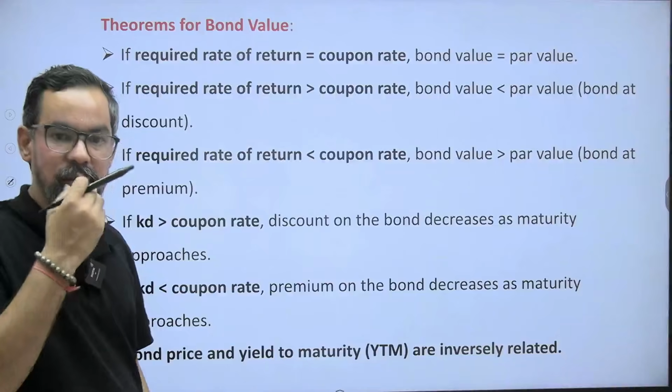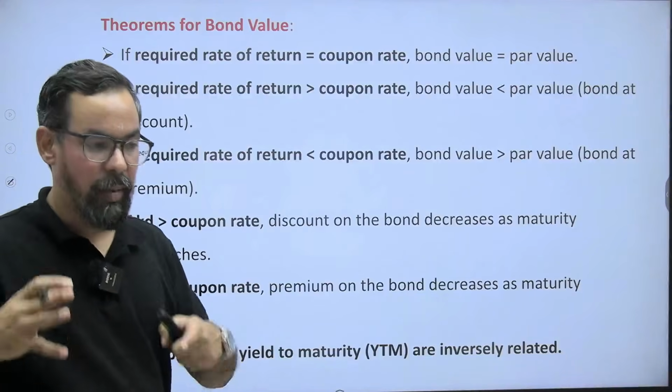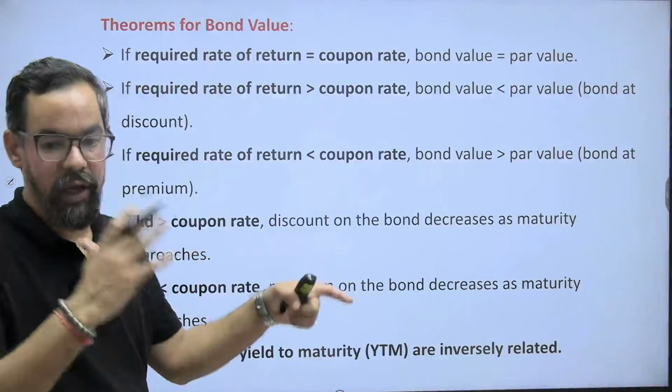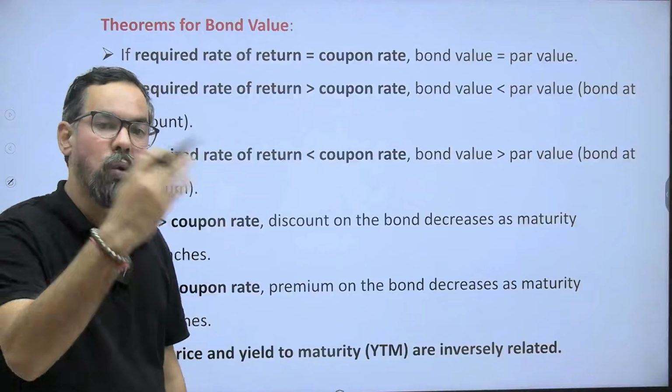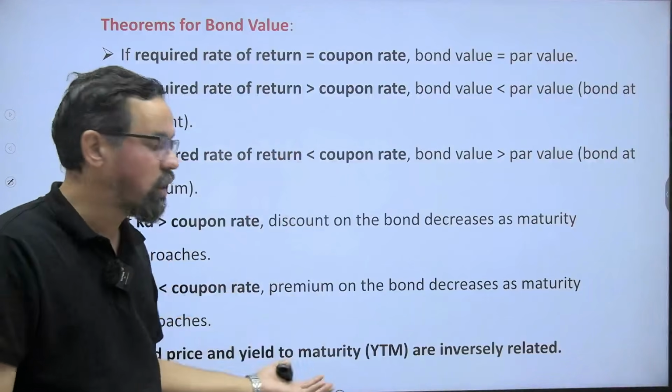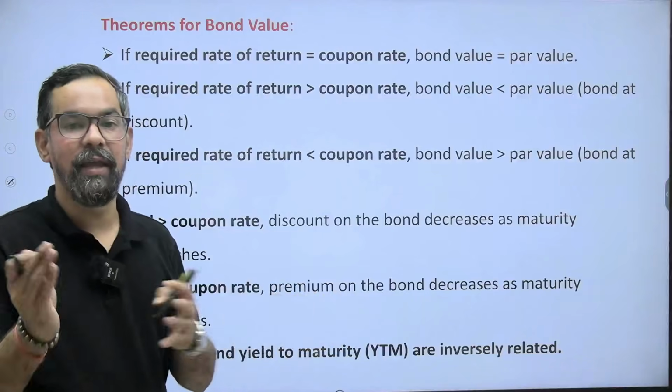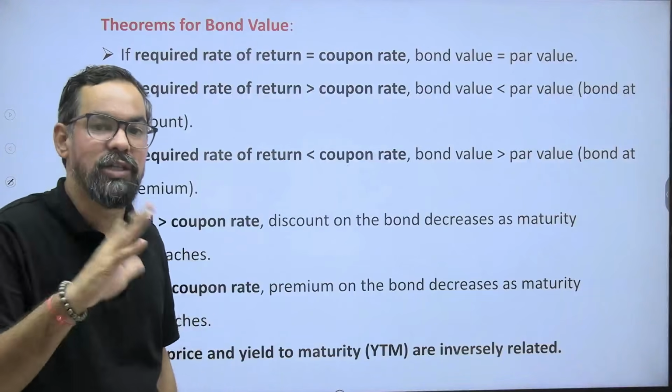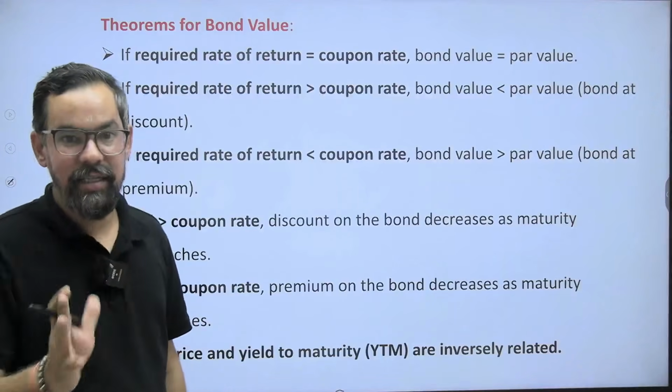Okay? Bond is part of both subjects, your AFM as well as IN IFS. In IN IFS, it is more toward the fundamental aspects, the types of bonds or the terminologies or the theorems and others. Okay? In AFM, they always ask questions around current yields and all these kinds of things.